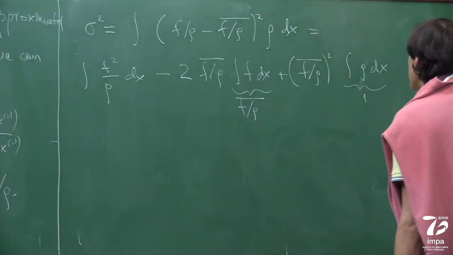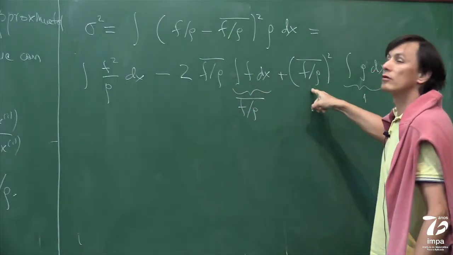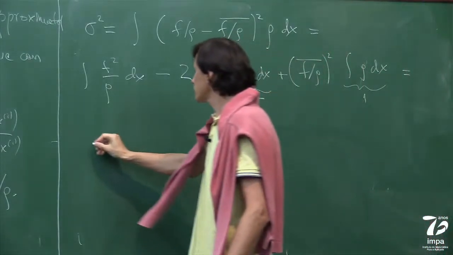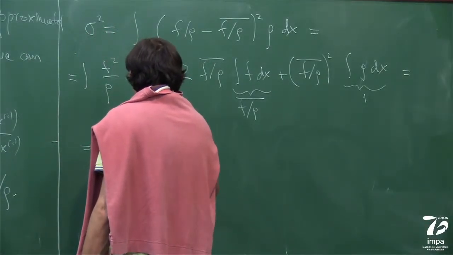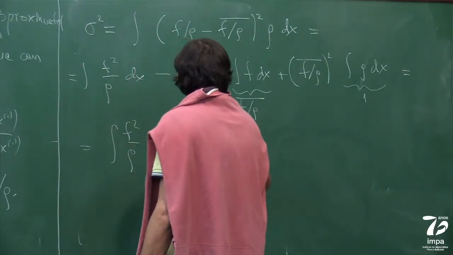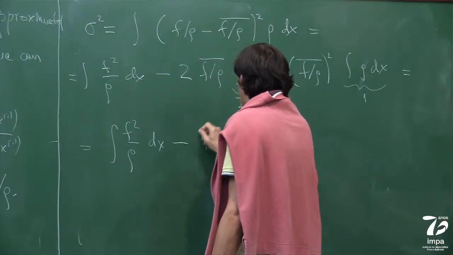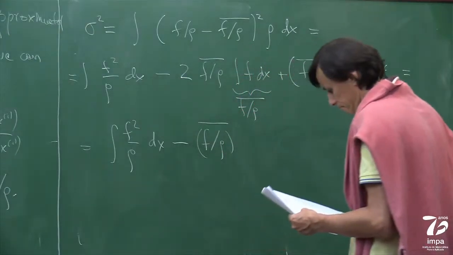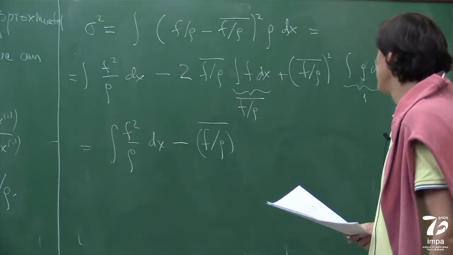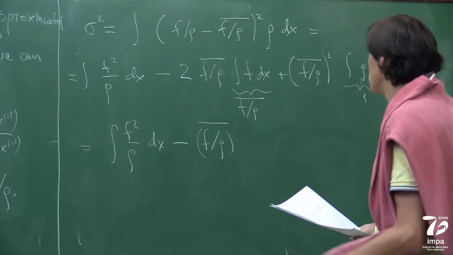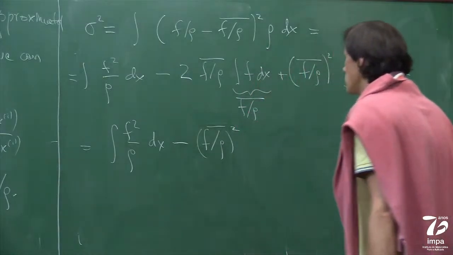So this gives a square which cancels one of these squares.